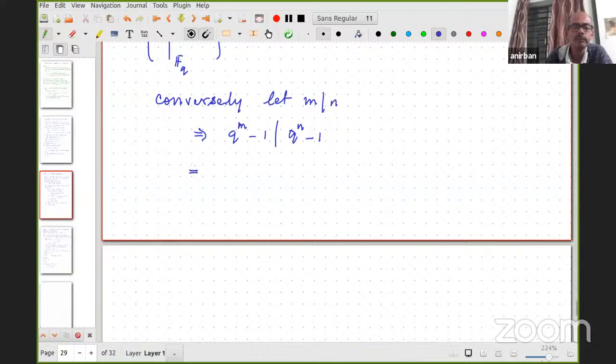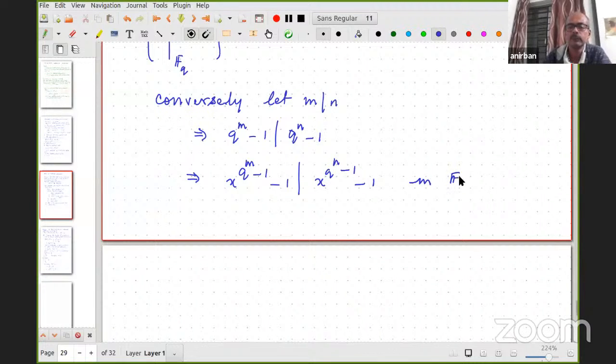And therefore x to the q to the m minus 1 minus 1 is going to divide x to the q to the n minus 1 minus 1 in F_q[x].